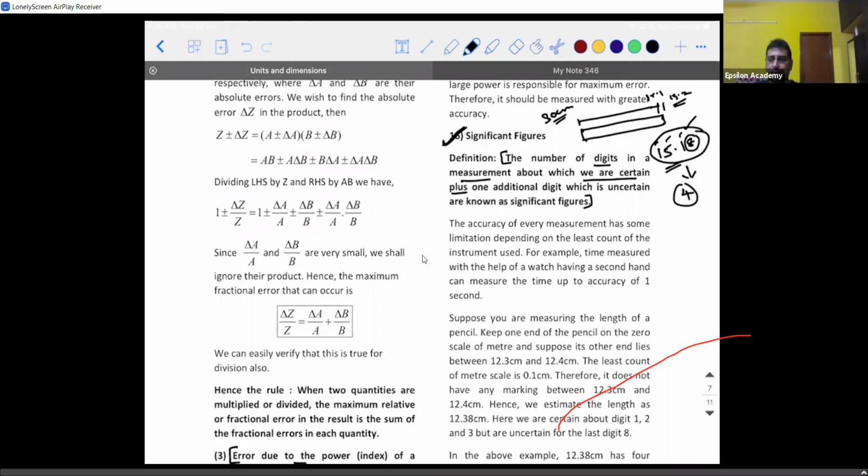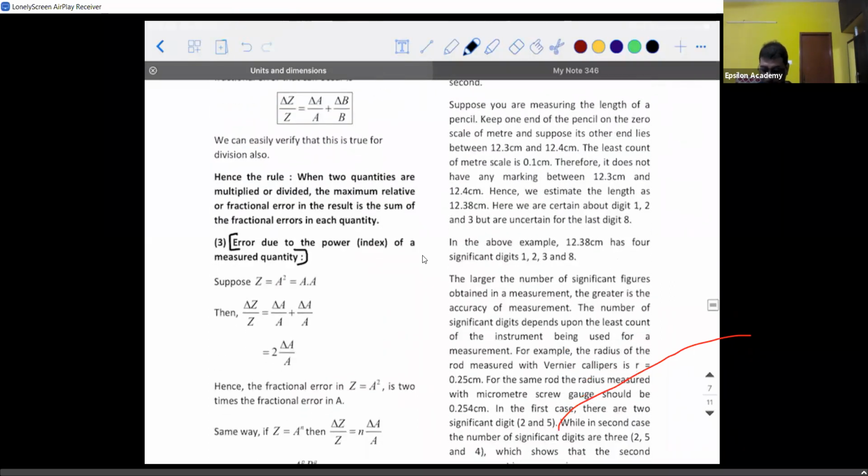The more significant figures, the more accurate, or more precise, your answer would be. But precision purely depends on the measuring instrument. That is why you always need the right tool for the right measurement. Are you able to understand? So this is the basic about significant figures, guys.